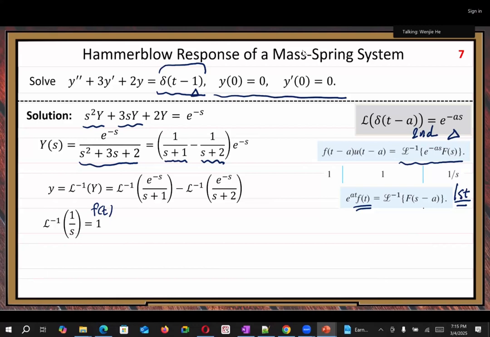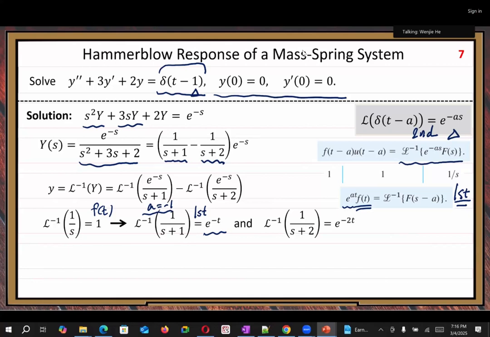Then minus a, this minus a equals negative 1, so this time a equals negative 1. So you need to multiply by e to the negative t. That is how you apply the first shifting theorem.